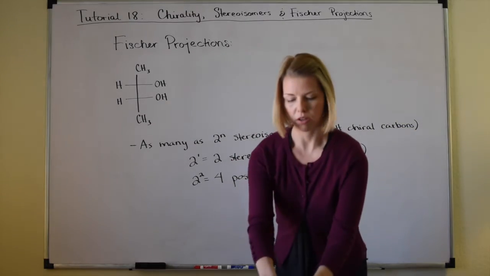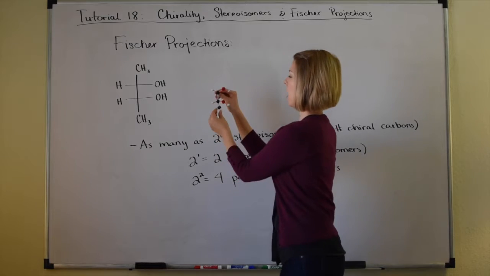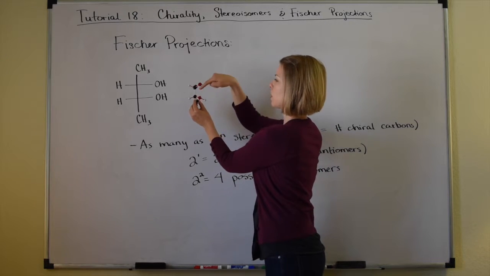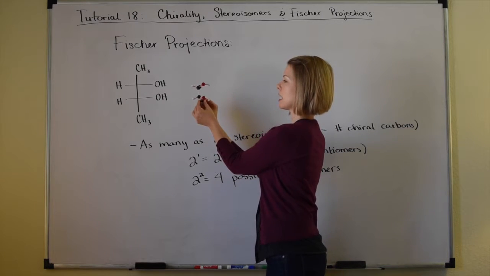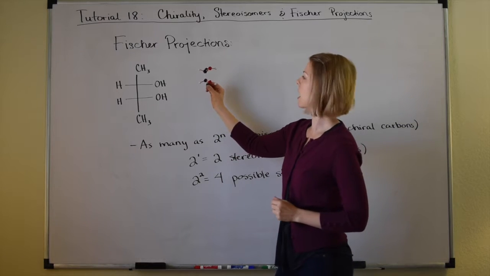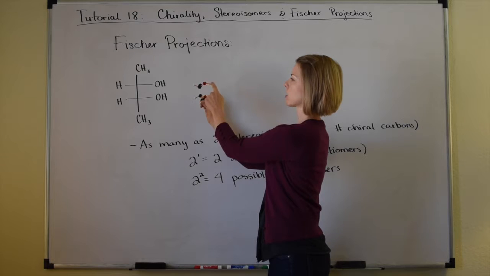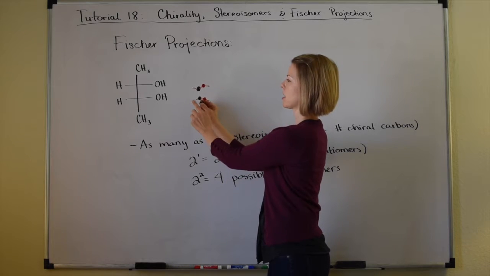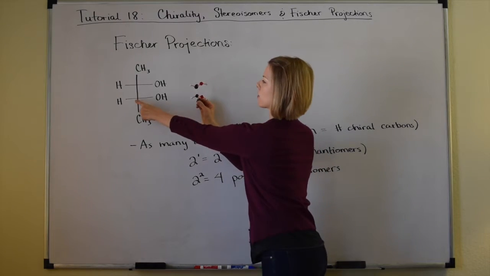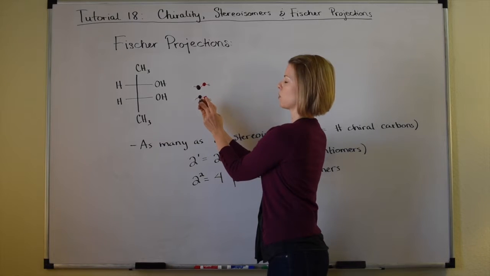So let me grab my model here. I've got my 1, 2, 3, 4 carbons in the black atoms. And then I've got a hydrogen in gray, oxygen, hydrogen over here in the red and the gray, and then my second chiral carbon here, hydrogen on one side and OH on the other side.